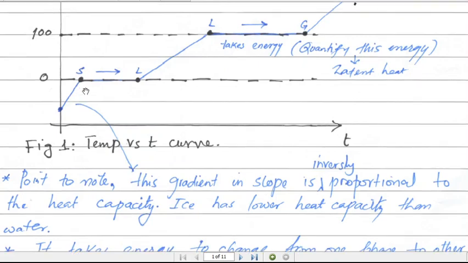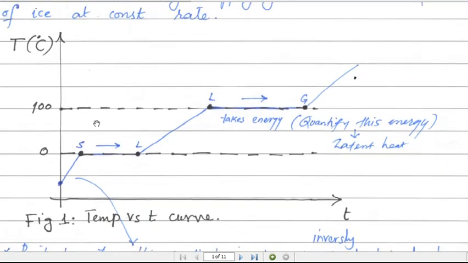One more point that we can note here is that it takes energy to convert the solid into a liquid, and again, it takes energy to convert a liquid into a gas. It takes more energy to convert a liquid into gas as compared to the energy required to convert a solid into a liquid.